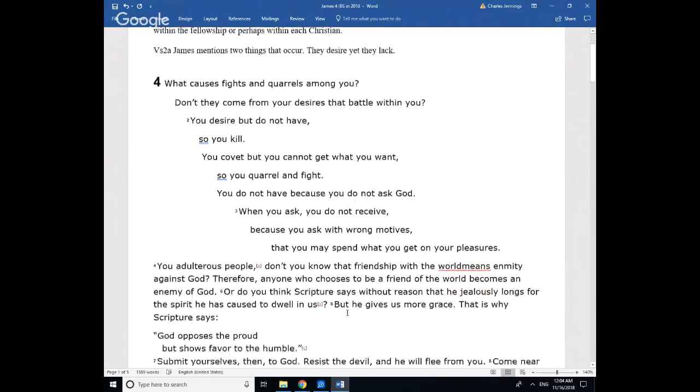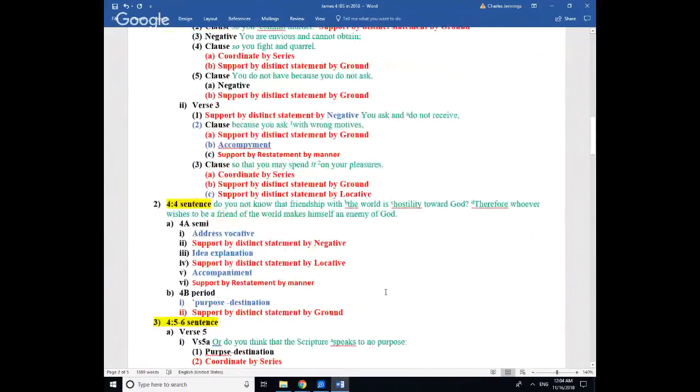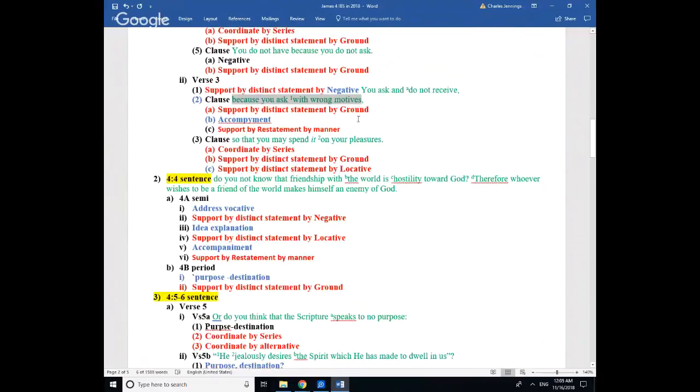You understand that? Okay. So you ask and do not receive because you ask with wrong motives. And then here's the reason. This is why they ask with wrong motives, so that you may spend it on your own pleasures.